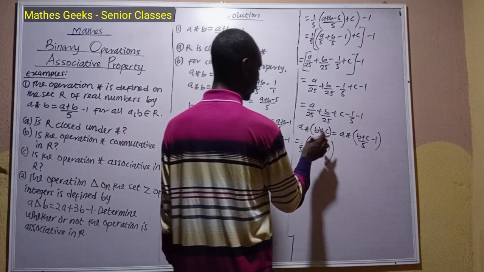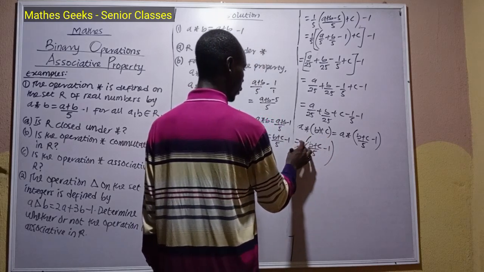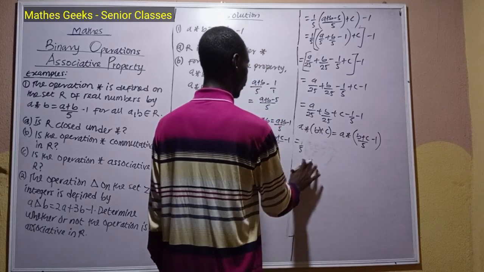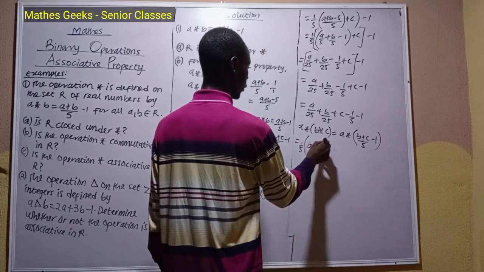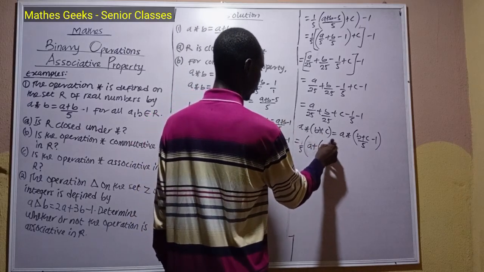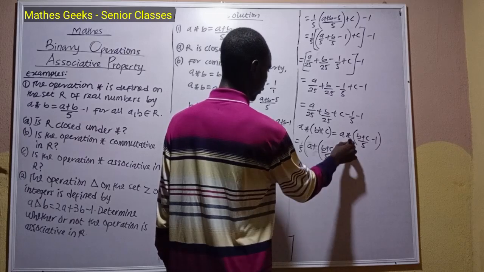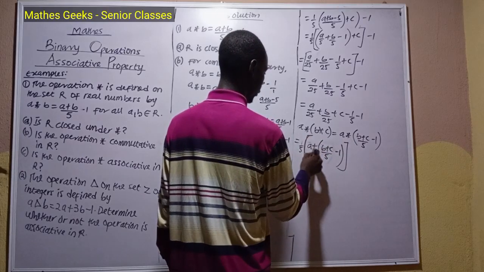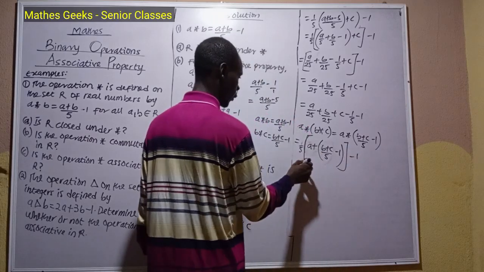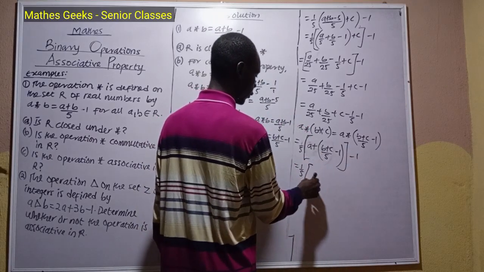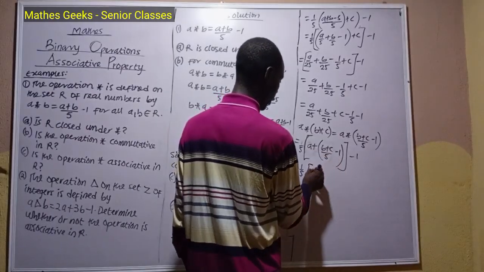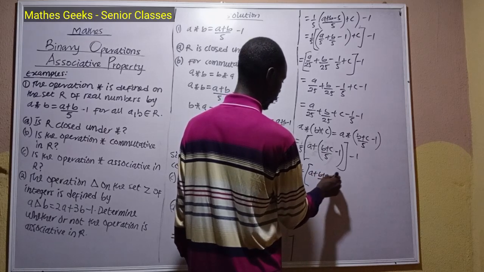So this is 1 over 5 A plus our B is B star C, which will give us B plus C over 5 minus 1, then minus 1. This will give us 1 over 5, now here, A plus B plus C over 5 minus 1, minus 1.